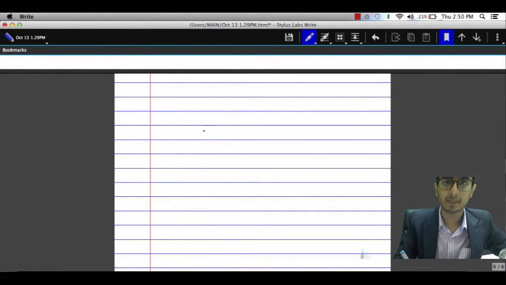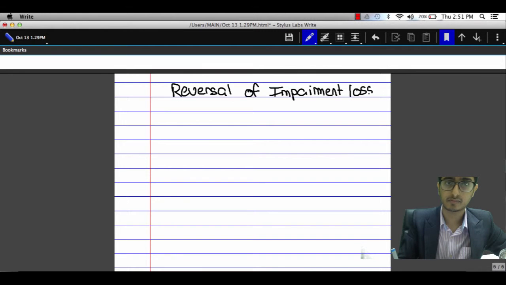So now, what happens when in this year, supposing there's an impairment loss, but in the next year there's an impairment gain? Okay, now in that scenario we will recognize the gain in the profit and loss for this current year.